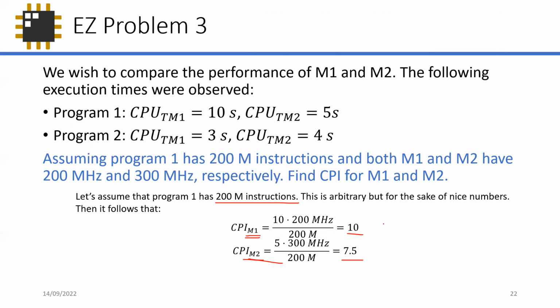Because remember, the CPU time is CPI times the period times the instructions. Our target is to make CPU time lower. If CPI is much lower, then you get the faster processor. But that's assuming all the instructions are the same. Because sometimes some instructions, let's say load word instructions, some processors have very long.